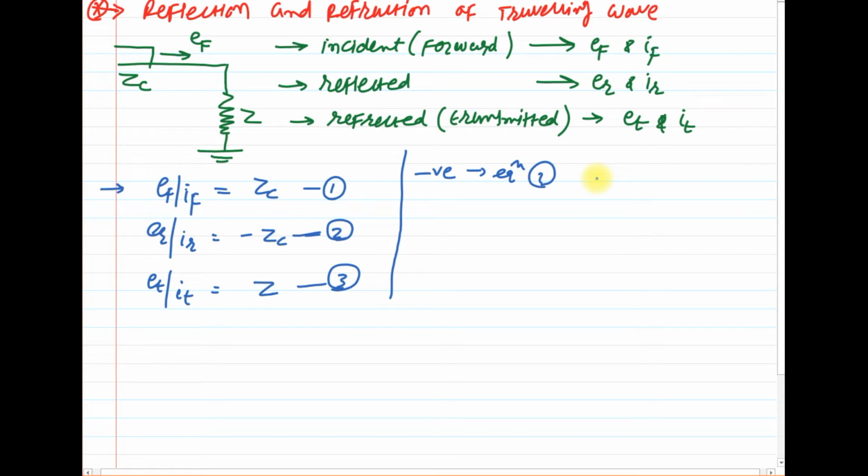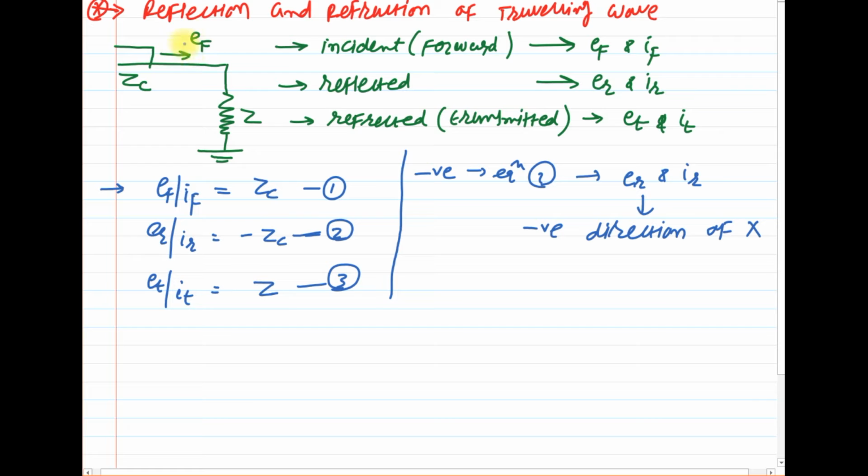Just because of ER and IR, the reflected wave of voltage and current is traveling in negative direction of the distance x.